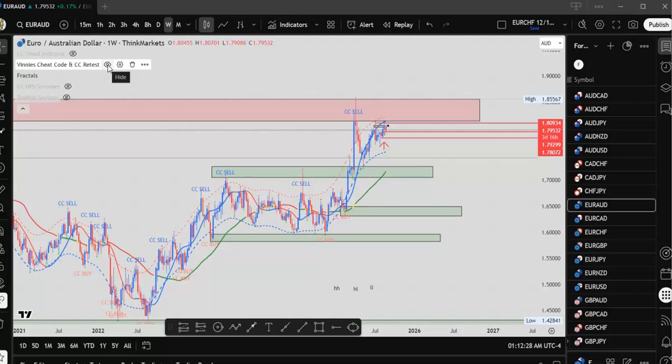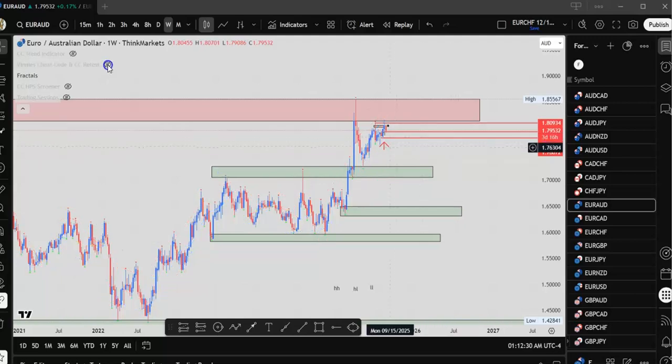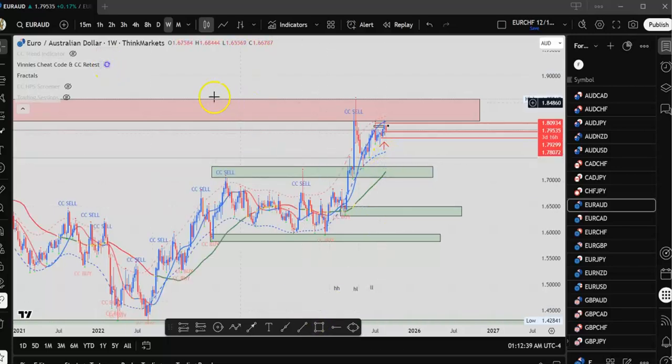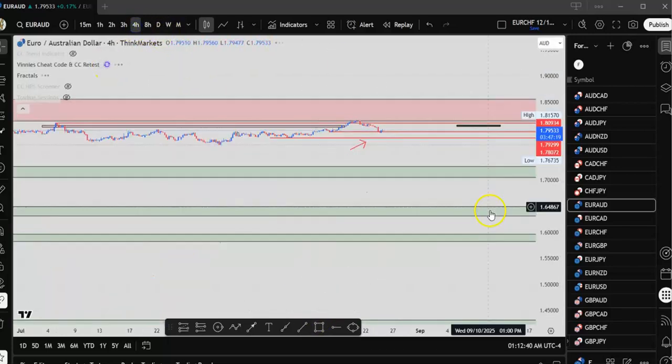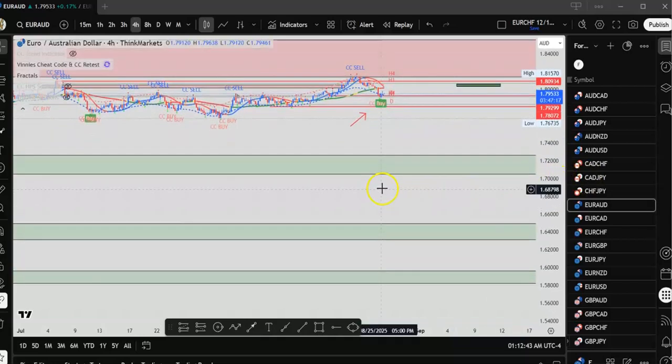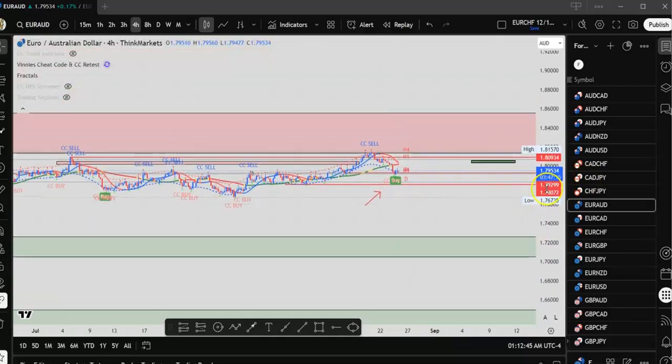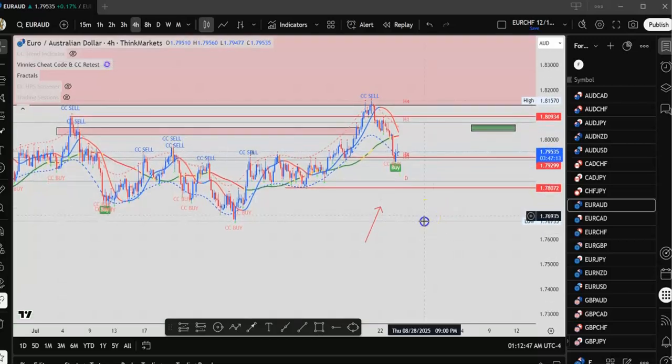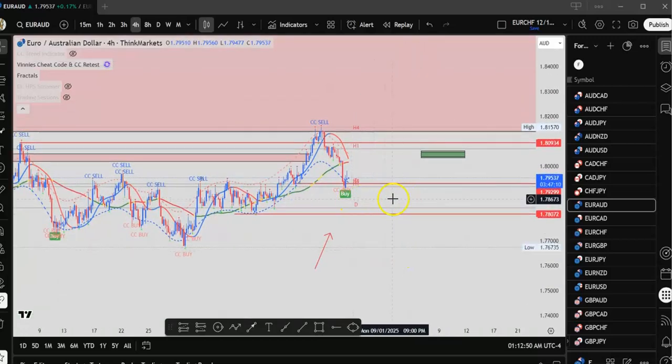So you will never get an exact entry point, but based on my understanding of market structure and my understanding of using the cheat code, I'm confident I can take a buy and hold that position.